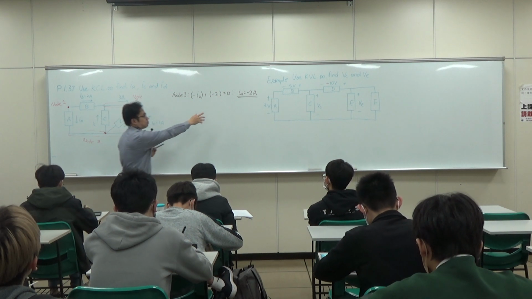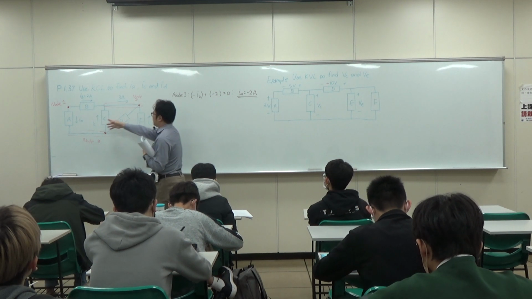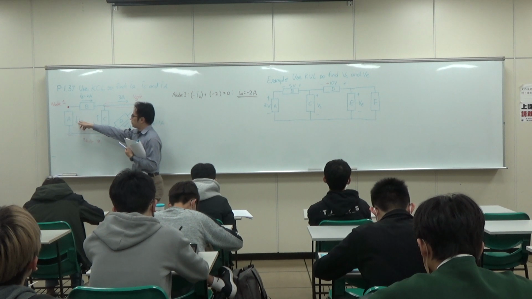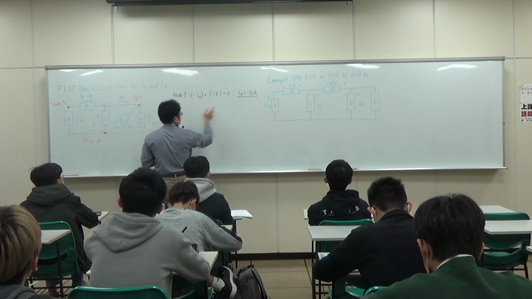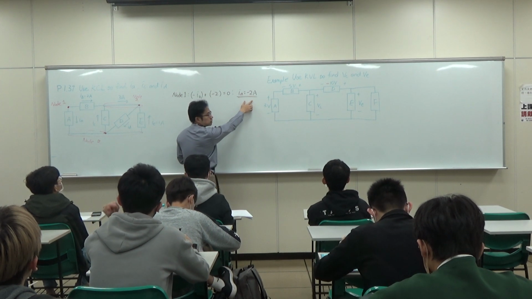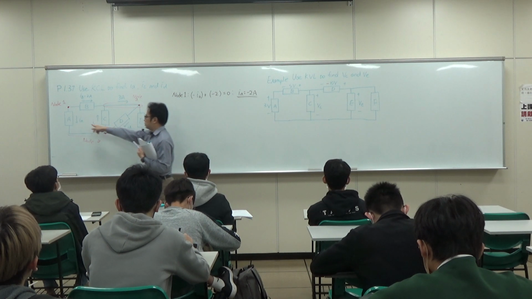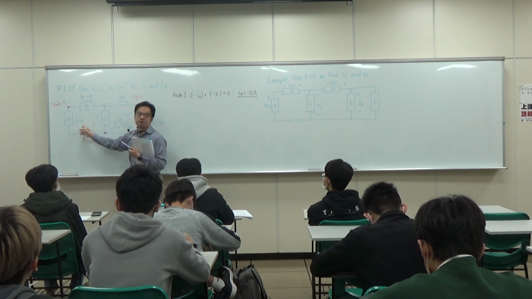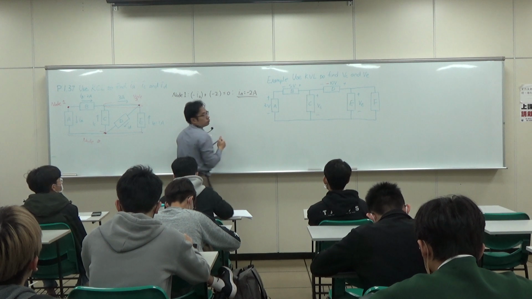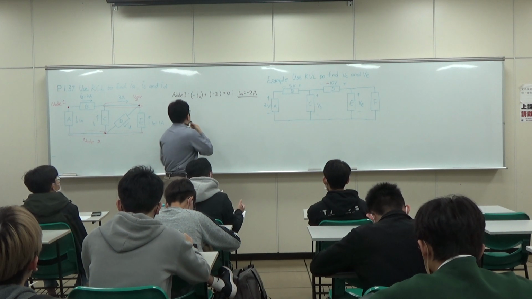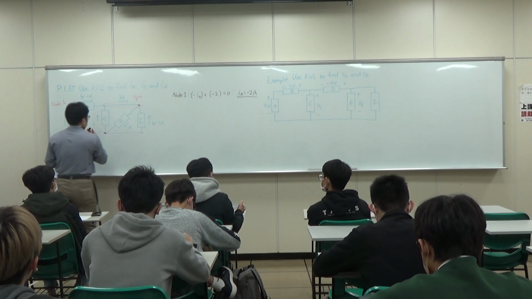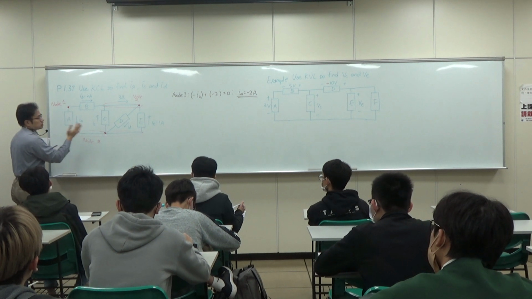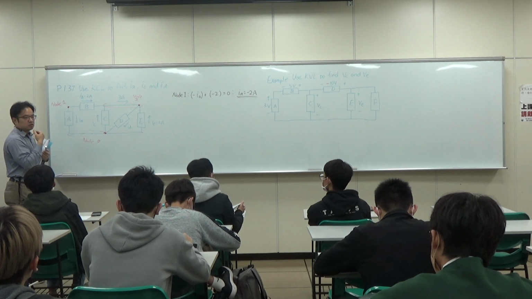So it's a minus, but the problem gives you the definition of IA as going down. So our answer keeps this. We do not change our problem. So this is the right answer. Okay? And this is one definition of KCL.